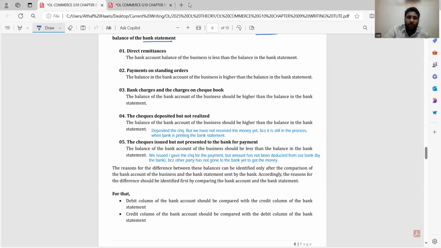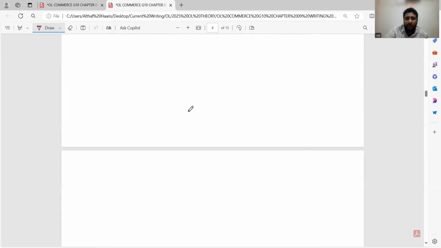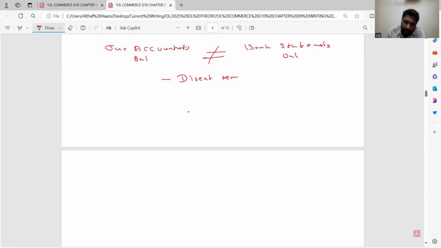Okay, so people, we studied 5 things. Very simple. Our accountant's balance and bank statement's balance will not tally. Because one is direct remittance.